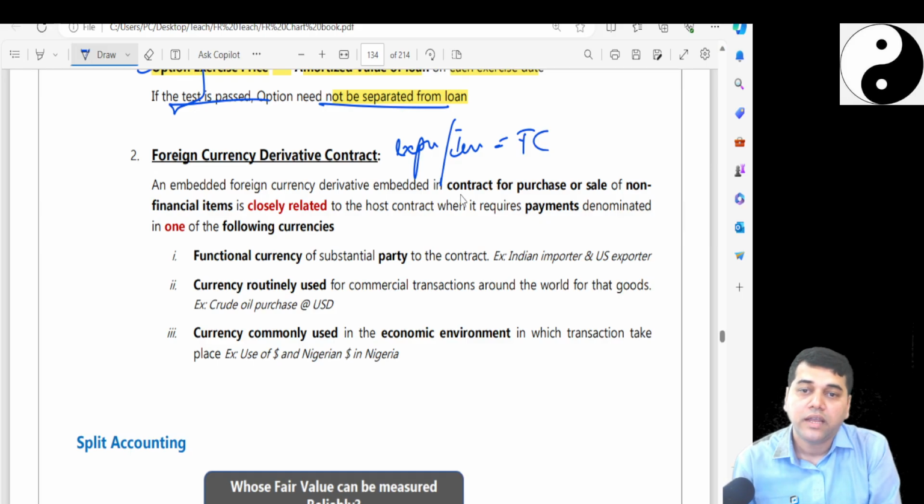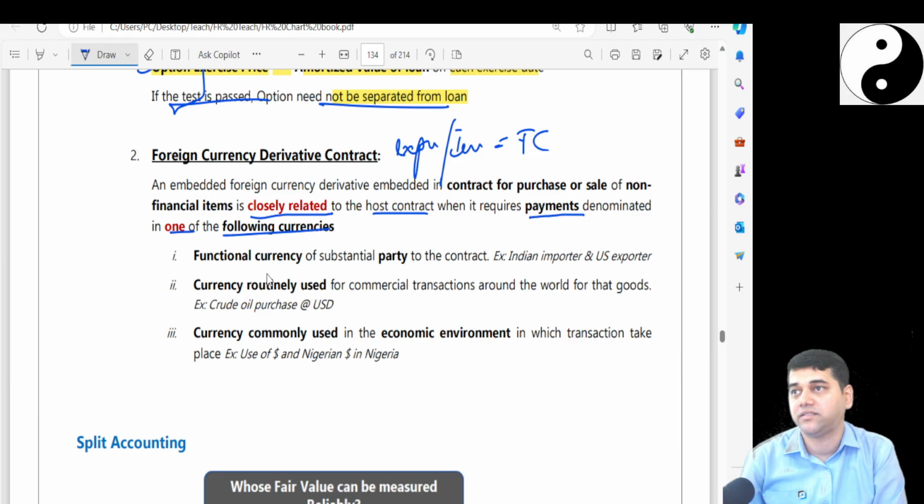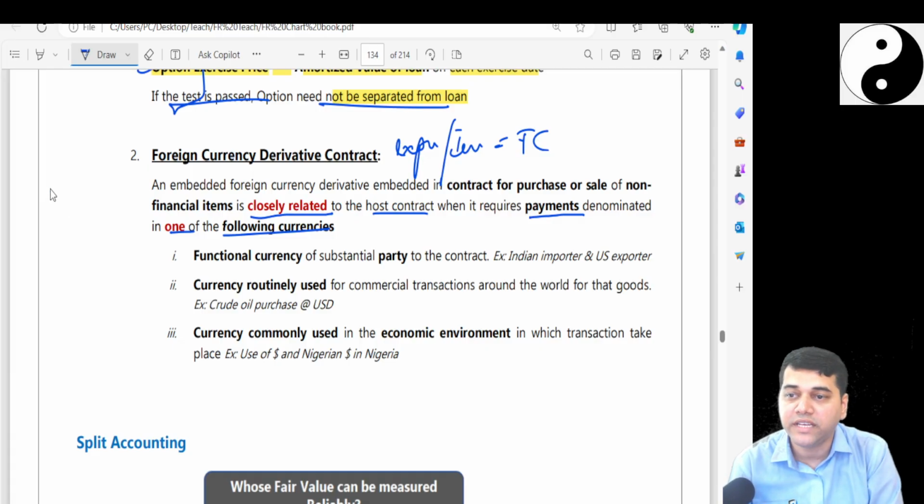Now, the sale or purchase of a non-financial item is closely related to the host contract when it requires the payments in one of the following currencies. Say, for example, you are in India and the exporter is in China. We will take two imports.